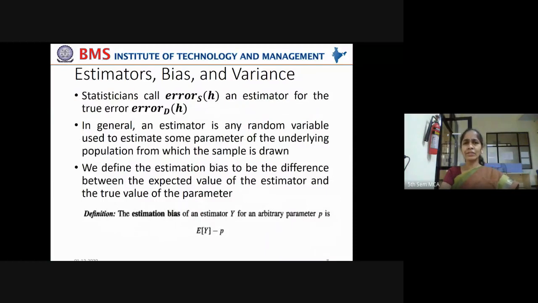Now, statisticians call this sample error an estimator for the true error, error D of H. We are just estimating how well your machine learning model performs with the sample. That is why it is called an estimator.